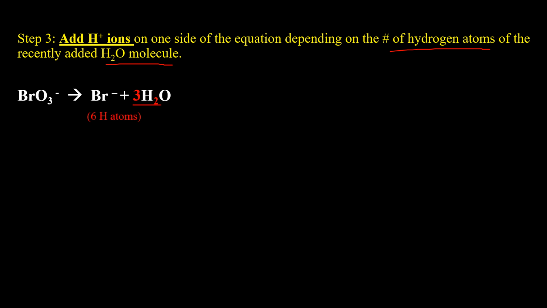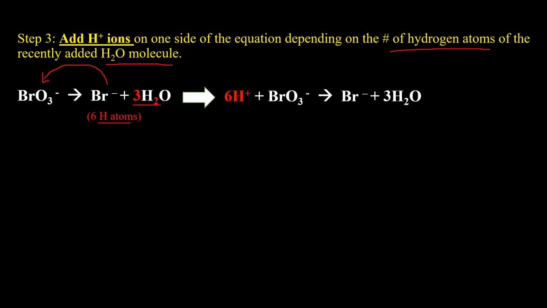So there are 6 hydrogen atoms, meaning to say this is also the number of H ions that we are going to add on the opposite side. So 6H atoms in here. So we are going also to add 6H positive ions on the other side. And take note in here, the number of atoms will be equal to the number of hydrogen ions to be added.